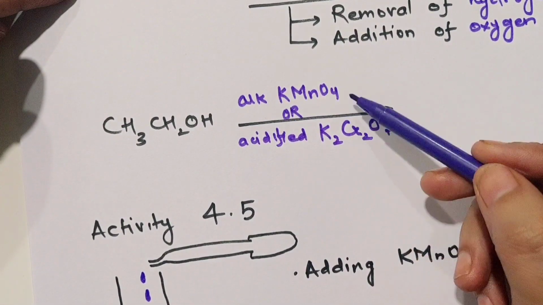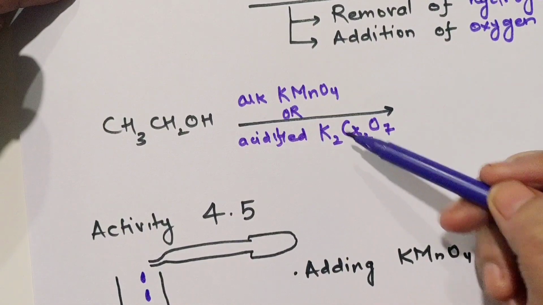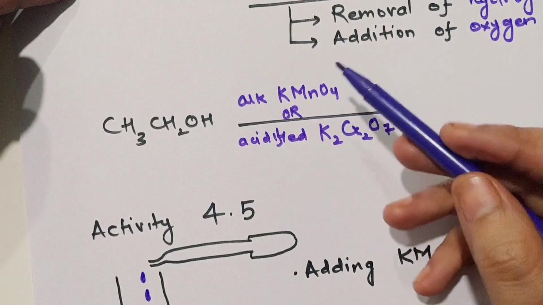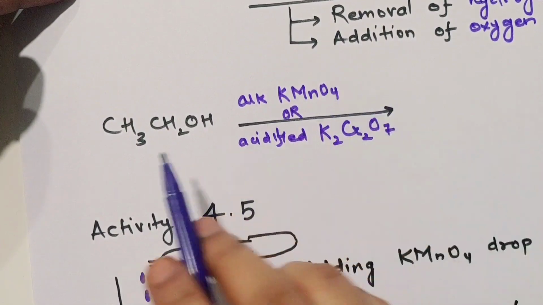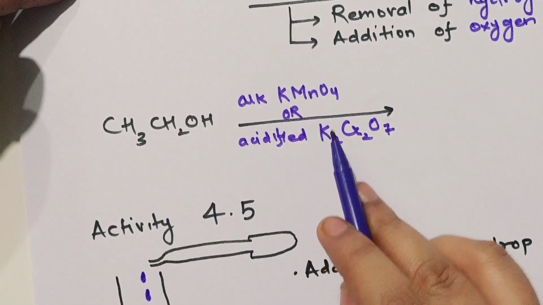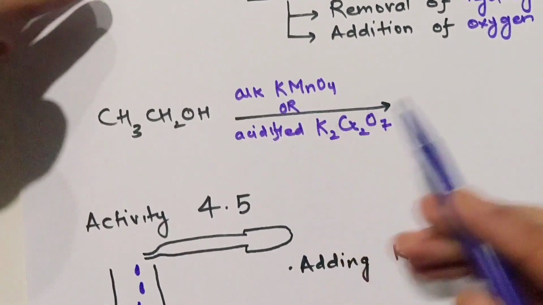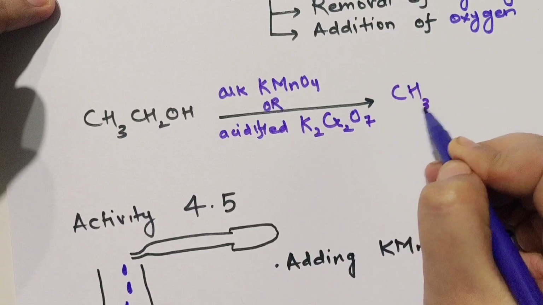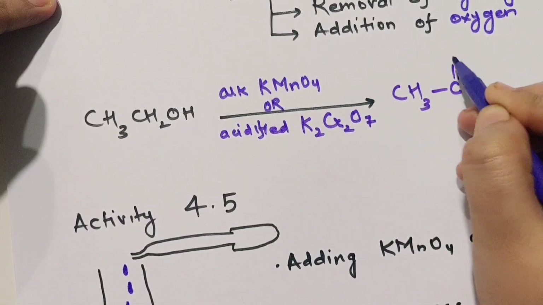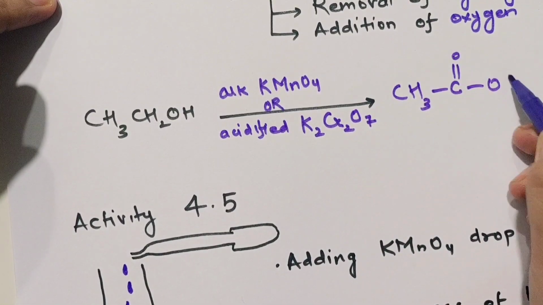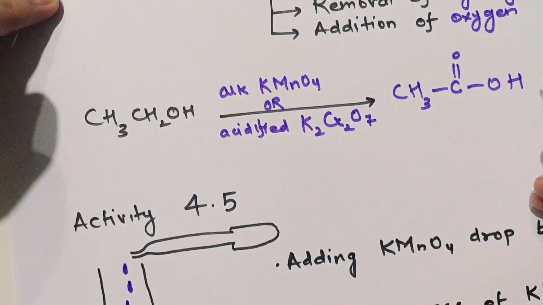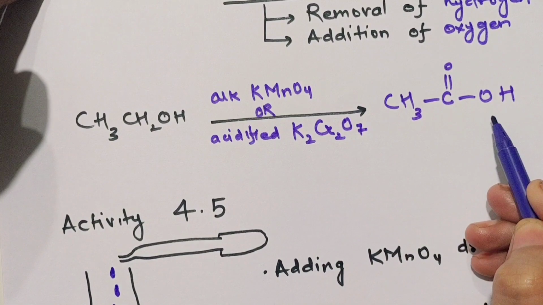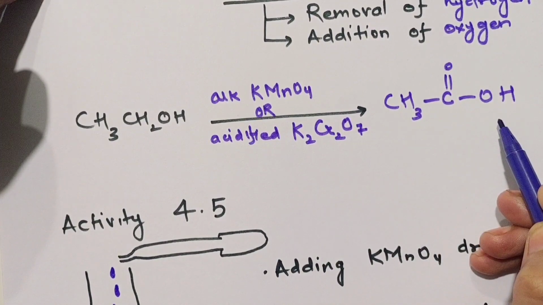I'm afraid you have to remember the names and the formulas of these two. Either one of those, not both. When you treat alcohol with either one of those, it would be converted into acid. This is acetic acid or ethanoic acid.